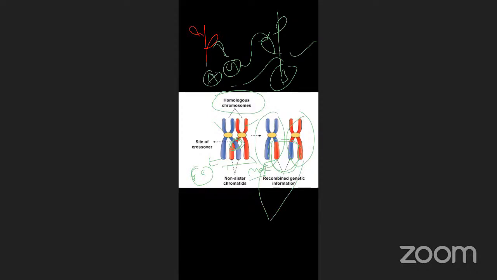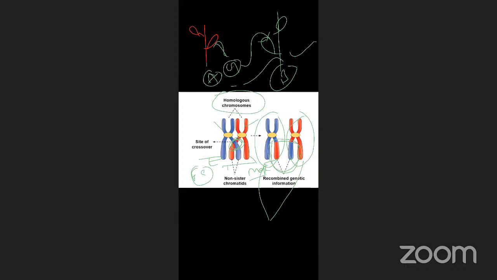Is it okay? Yes, sir. Actually, first there were completely blue color chromosomes and red color chromosomes. What happened after crossing over? The exchange, the transfer of genes, blue to red, red to blue. That's why in the next progeny, new characters are obtained.